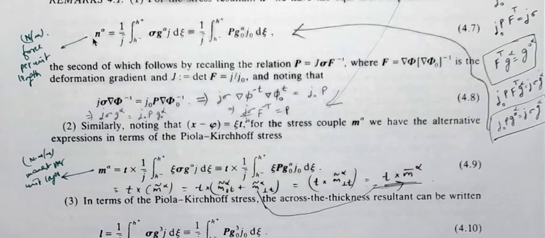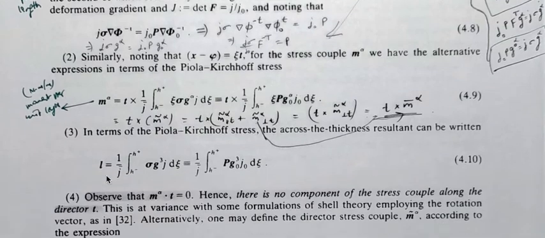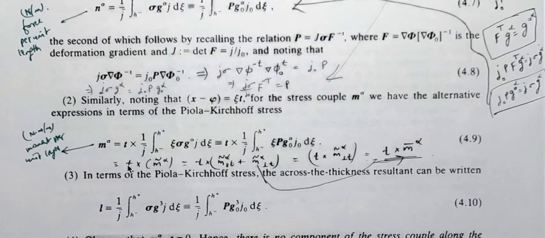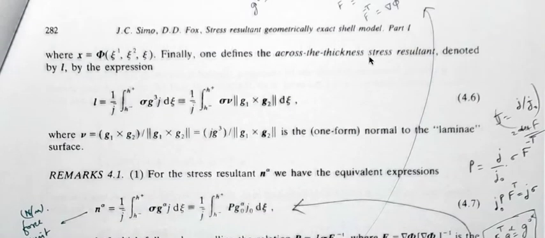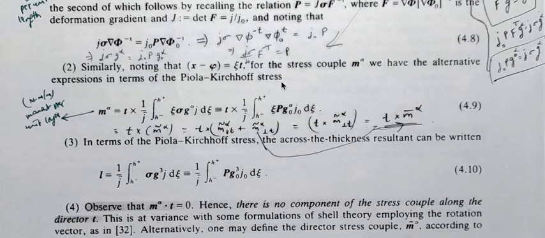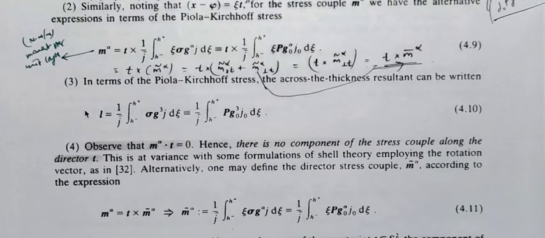So we have written the expressions of stress resultants as n alpha, moment resultants as m alpha, and director stress resultant, the across the thickness stress resultant, as L. And now all these three will be used to write the momentum equation.